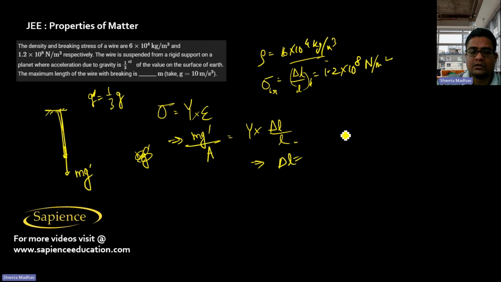So the maximum length of the wire will be equal to L plus delta L, where L is the actual length of the wire and delta L is the extension of the wire.